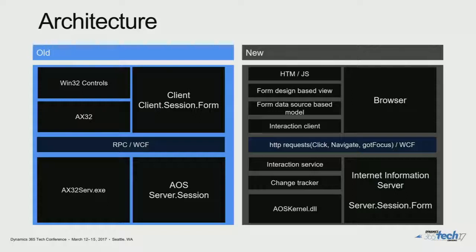These communicate via RPC and via Windows Communication Foundation service calls. The client will host the user sessions, the server will host the user sessions, and that's basically on 2 separate tiers, right?